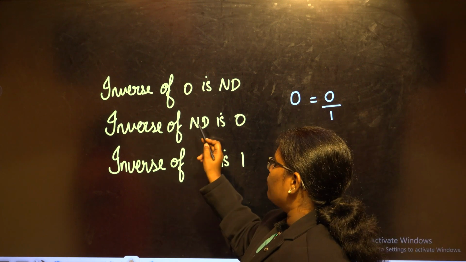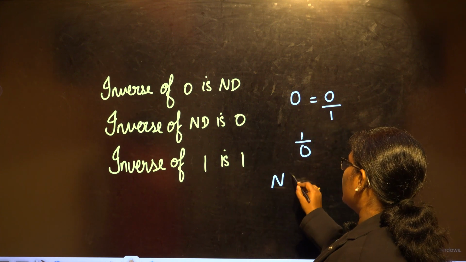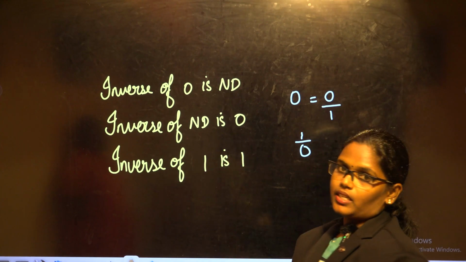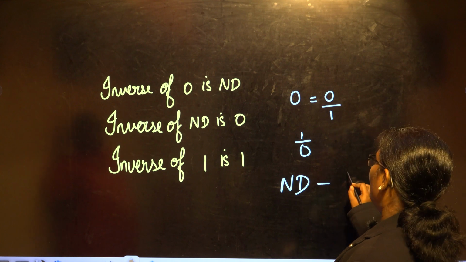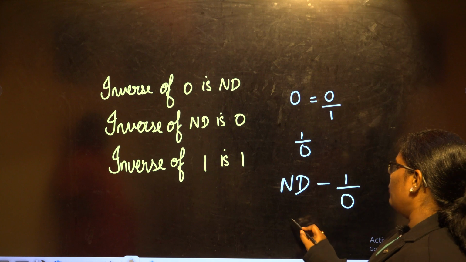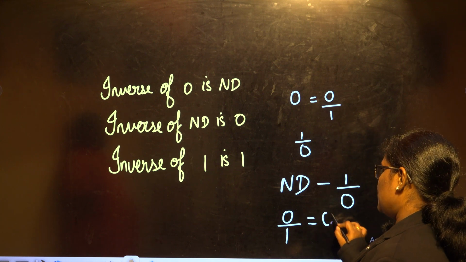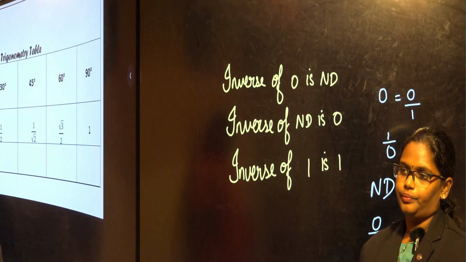Next, inverse of not defined is 0. Not defined is 1 by 0. 1 by 0's inverse is 0 by 1, which is equal to 0. Next, inverse of 1 is 1.